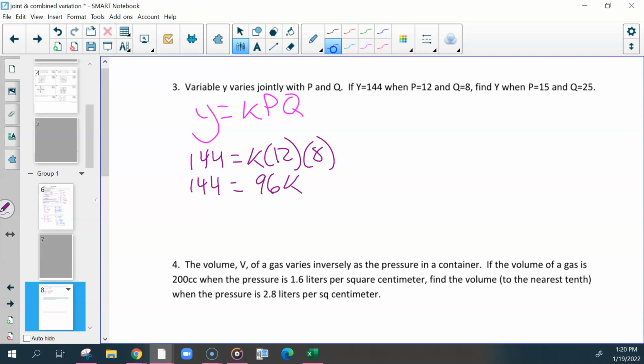And then divide both sides by 96. What would that give us? That is correct.